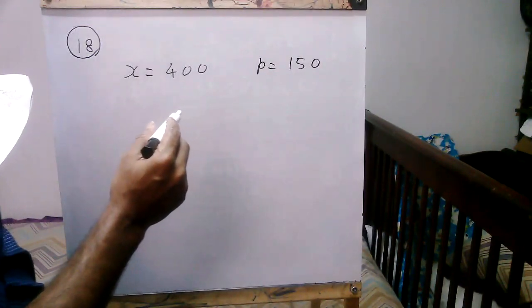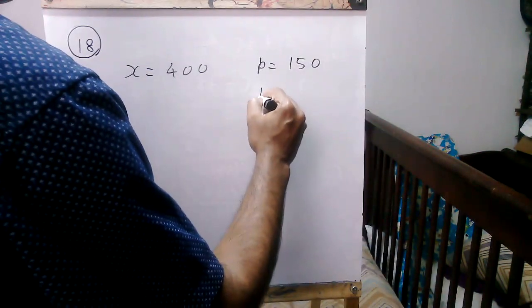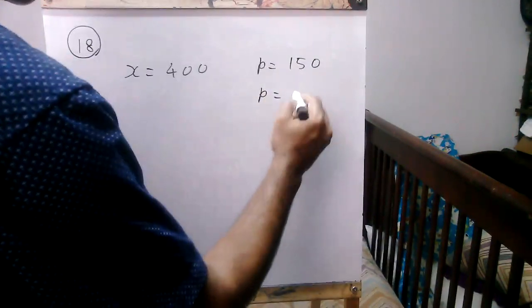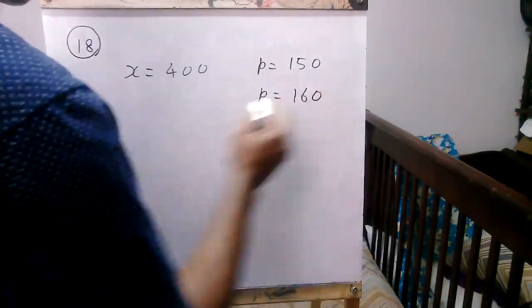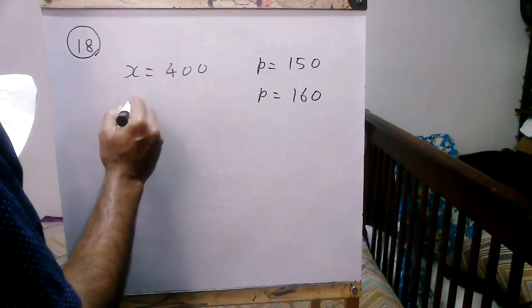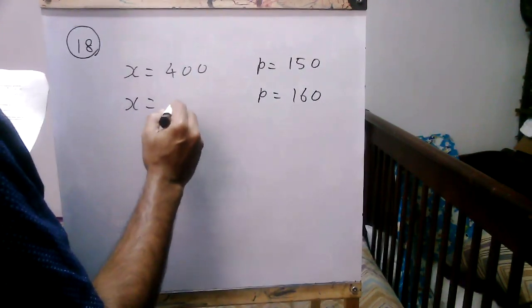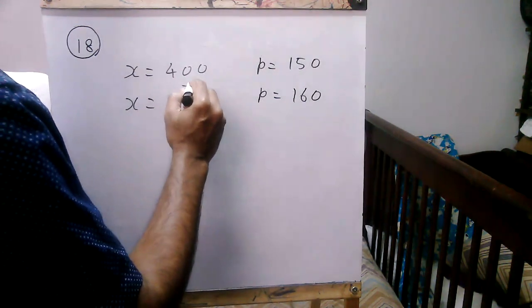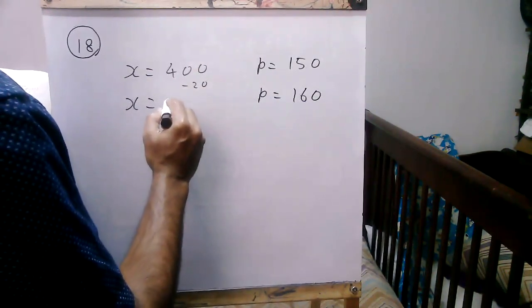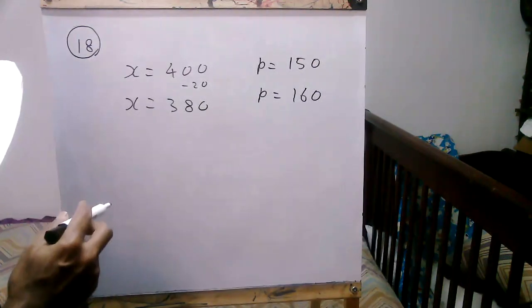For each $10 increase, the price increased to 160, and the sales go down by 20 units. Therefore this would be 400 minus 20, which is 380, right?